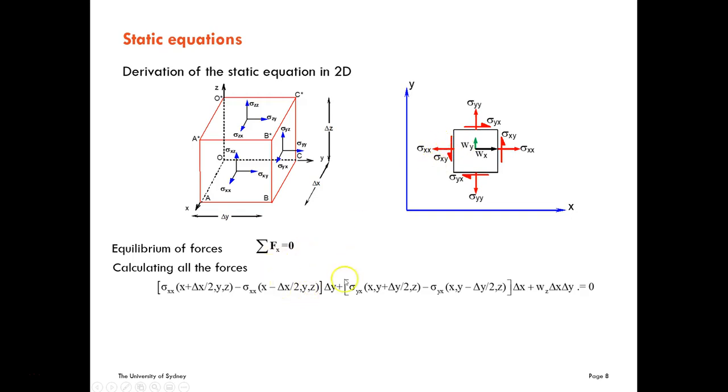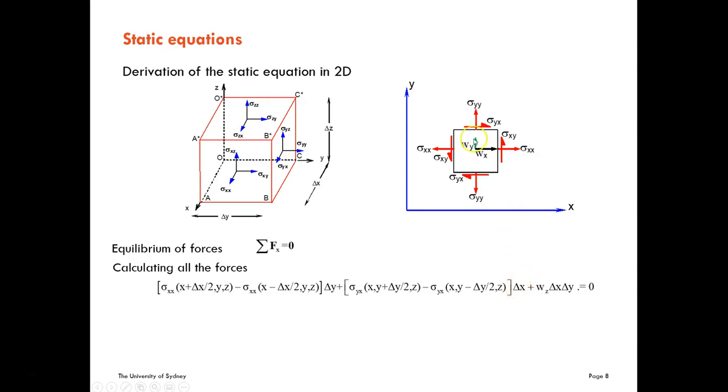So this component is the force here. And we are doing the sum of the forces in x only. So I'm going to have this force here, calculated at x, y plus delta y/2, and I have to multiply by the area, that is delta x delta z, that I didn't include here, but everything should be multiplied by delta z.